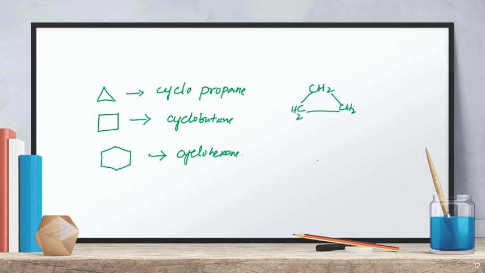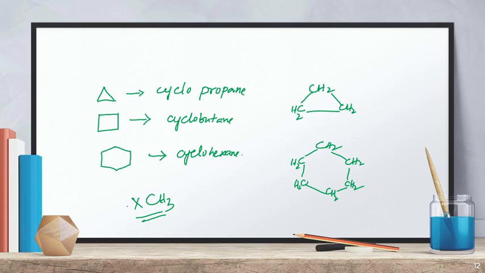If you consider cyclohexane also, this is the structural requirement for cyclohexane. Is it right? So for the case of cyclohexane, you are finding only CH2 units. There are no CH3 units. That means the CH3 unit is not present for the case of cycloalkanes.